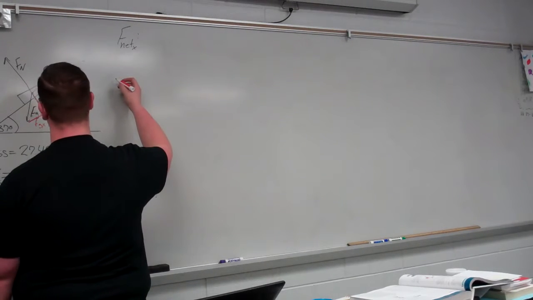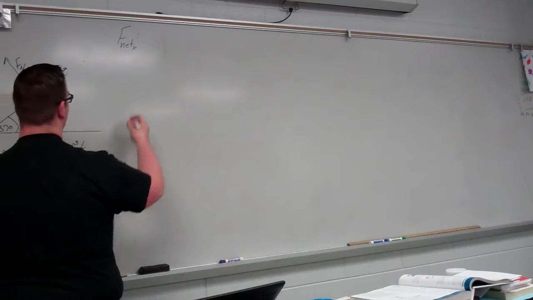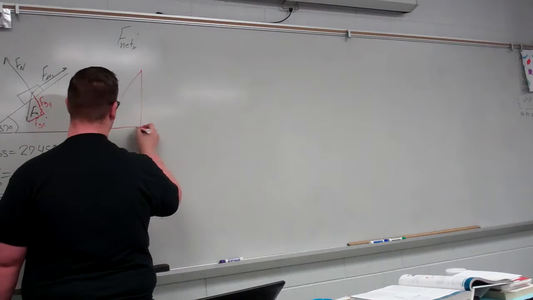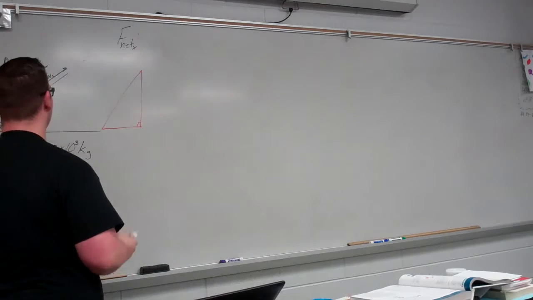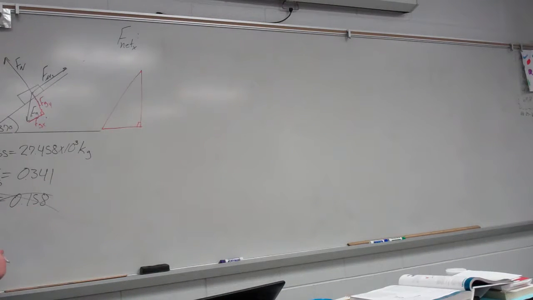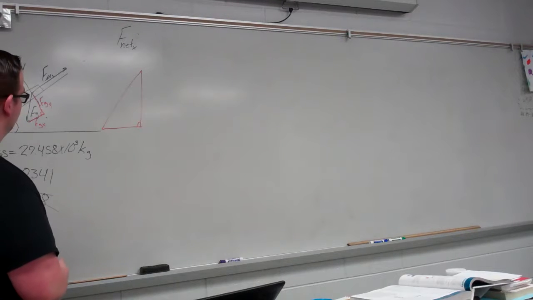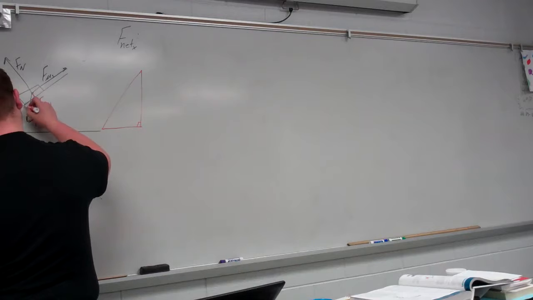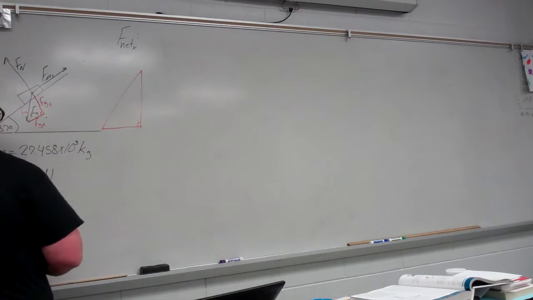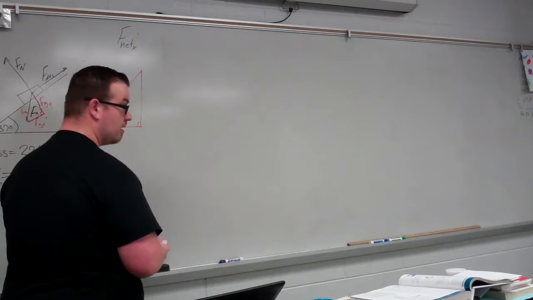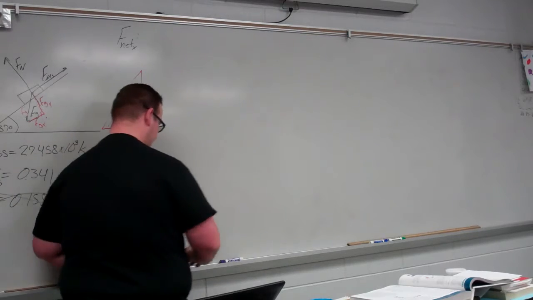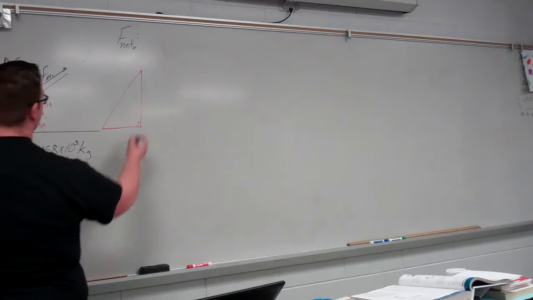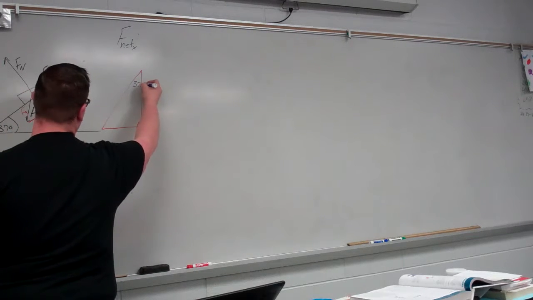Let's see. I'm going to make a triangle here. Where is the angle I'm going to be using? The angle inside the triangle, probably the one closest to the origin.